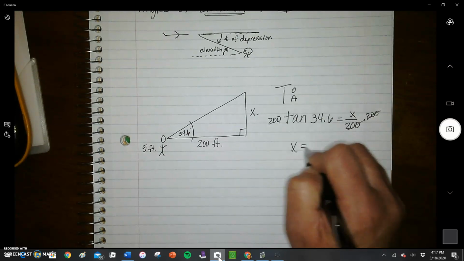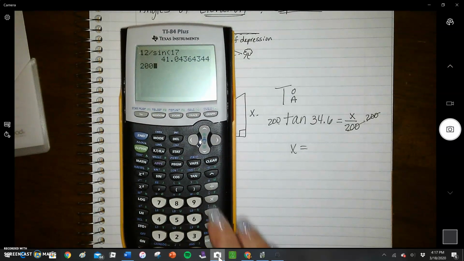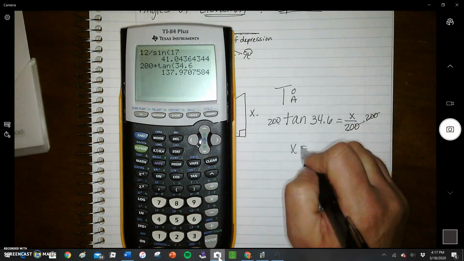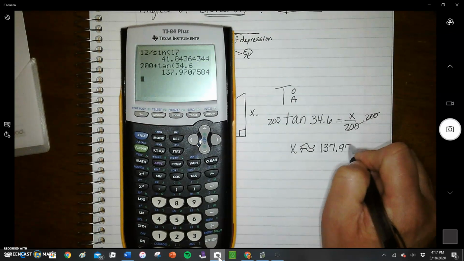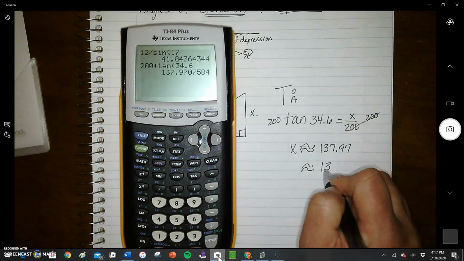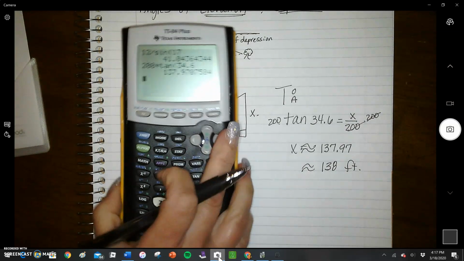And so I know in my calculator, I need to type in 200 times the tangent of 34.6. Okay, and I think the word problem said to do it to the nearest foot. So to the nearest foot, it would be 138. Okay, it's about how far the geyser blew.